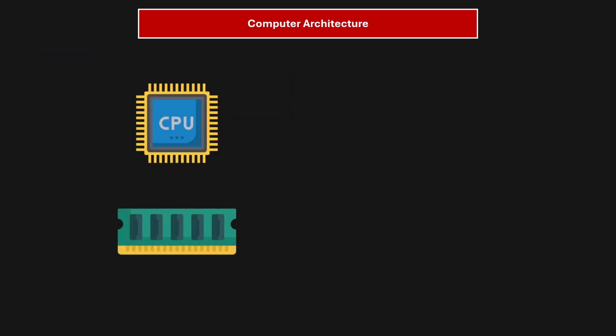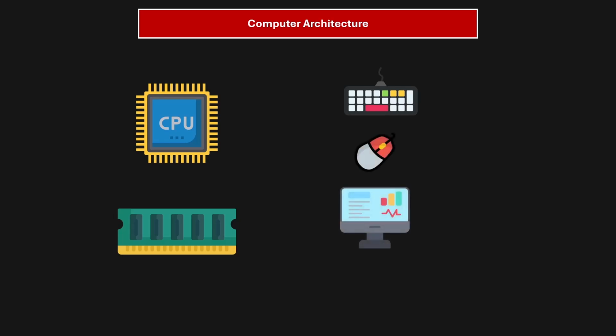In practice, a computer also requires input and output, so hardware devices must exist alongside it, such as a keyboard, mouse, and monitor. If remote communication is required, we need a network card.